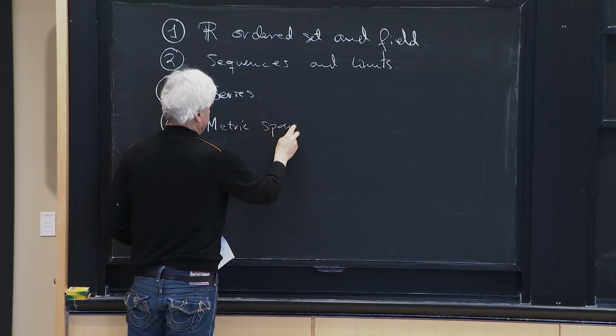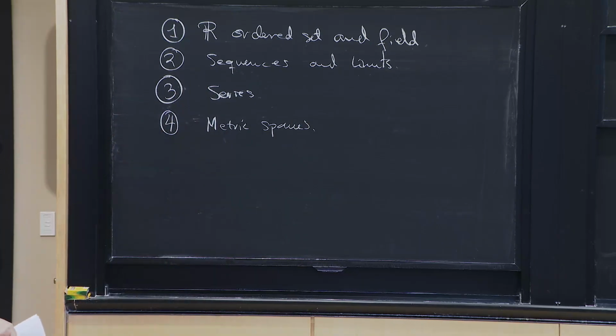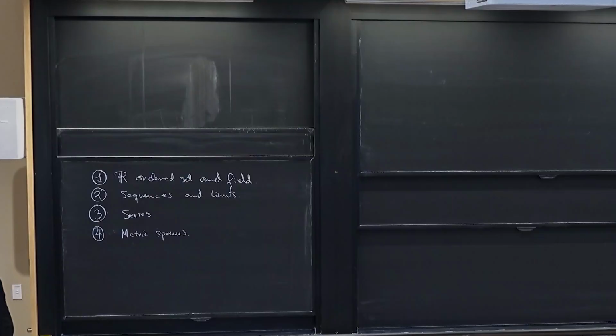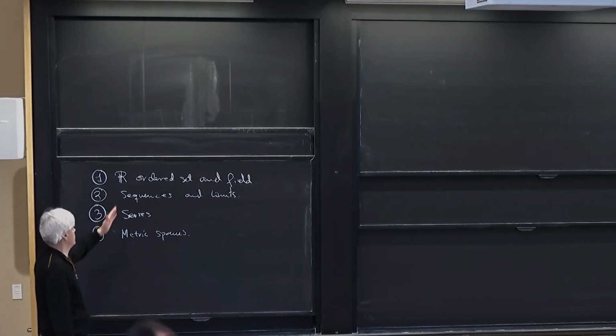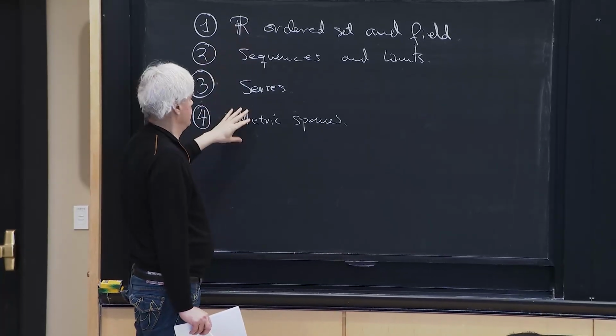And so the idea here is that there are a lot of things from R that actually generalize and make sense. And some of those are sequences and limits, so they generalize from R to metric spaces.